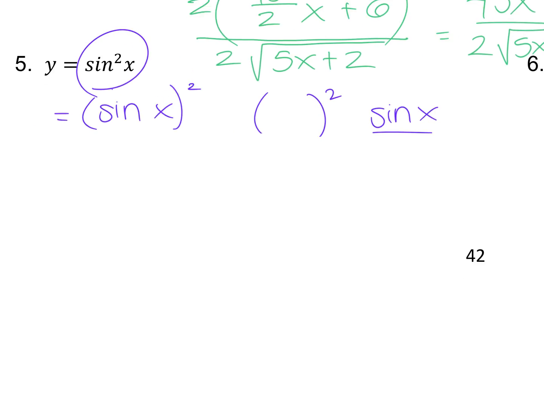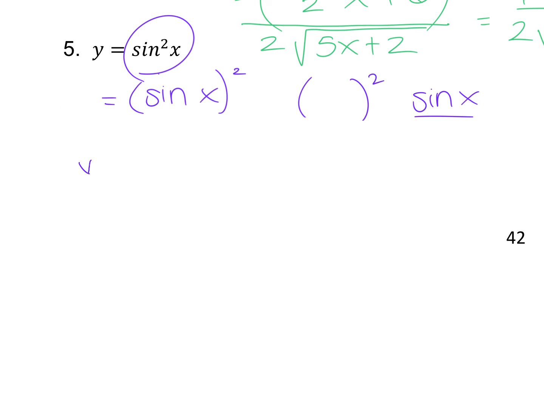So then to take the derivative here, the first thing I would take the derivative of is the something squared. How do you take the derivative of something squared? Bring the 2 down front, keep the something to the first power, right? But we don't have to write the first power. What was inside there? Sine. Then we multiply by the derivative of the inside.